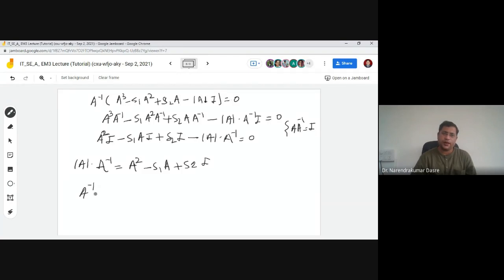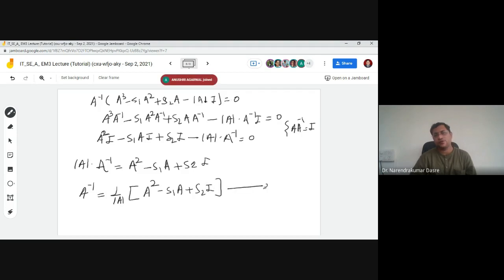So A inverse is equal to 1 upon determinant of A into the matrix you have calculated, A square minus S1 times A plus S2 times I. So this is your equation 3, which gives A inverse.